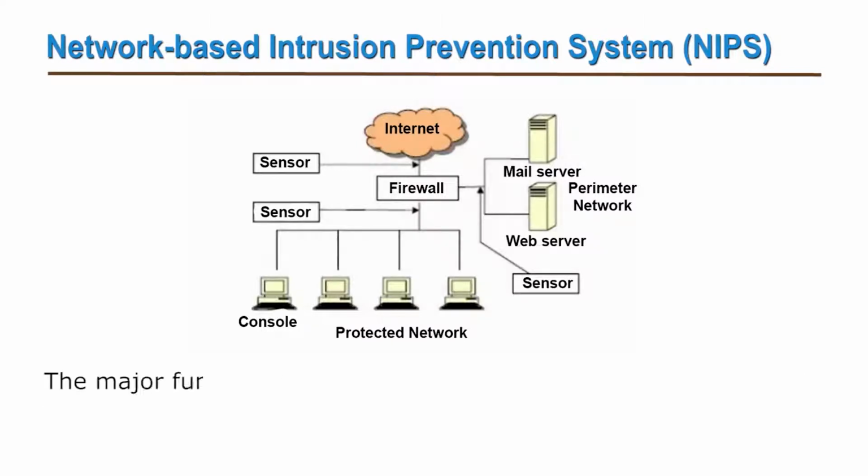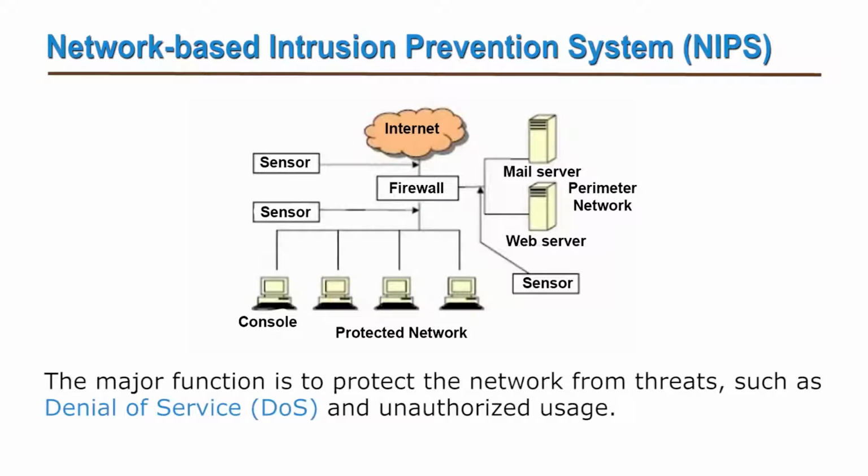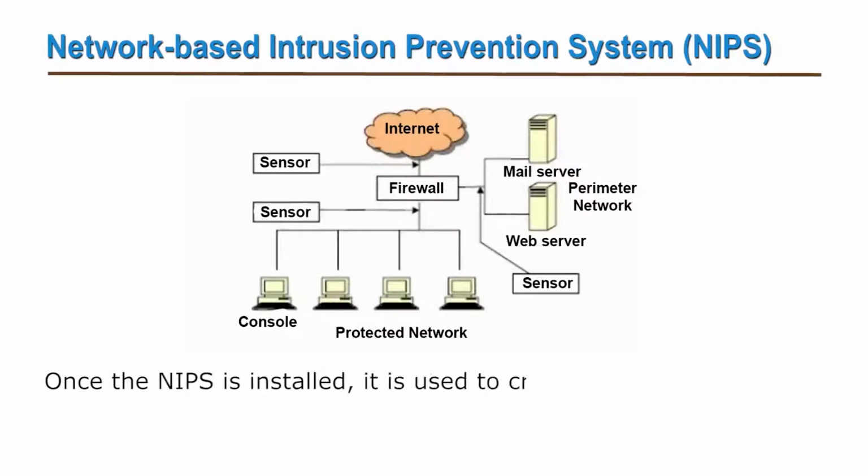Next, the major function is to protect the network from threats such as DOS, that is the denial of service, and unauthorized usage. Once an IPS is installed, it is then used to create physical security zones.